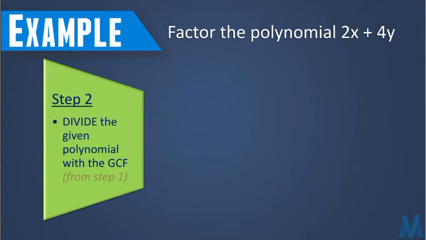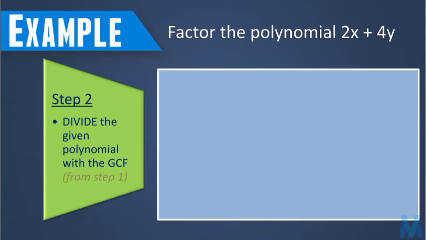Okay? Step 2. We are going to divide the given polynomial with the GCF. Okay, from step 1, diba sa step 1 nakuha natin ang GCF. So we're going to use that. We're going to divide 2x plus 4y or the given polynomial with the GCF na 2. Okay?